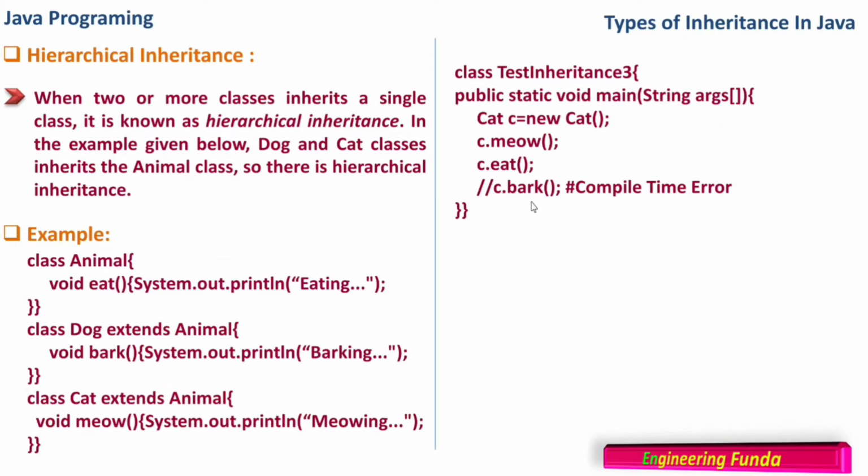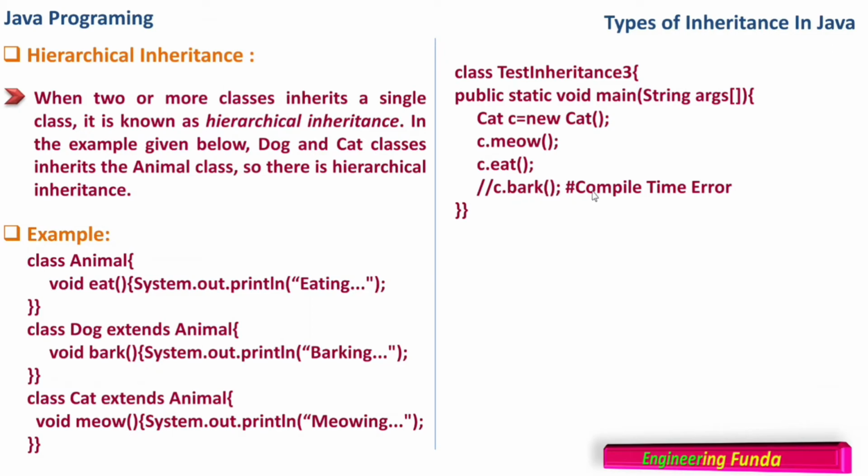But if we write c.bark, this will give me a compile time error, because bark is in the Dog class, and Dog and Cat have no relation of inheritance here. Therefore, this bark method which is in the Dog class is not available in the Cat class.